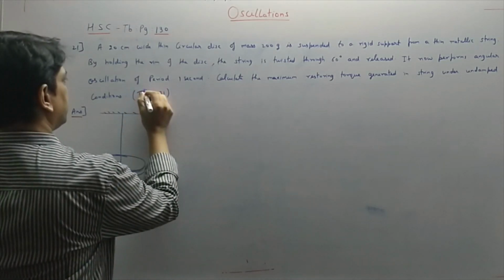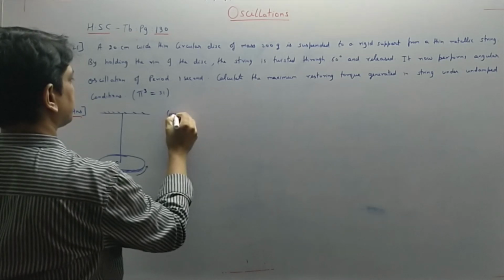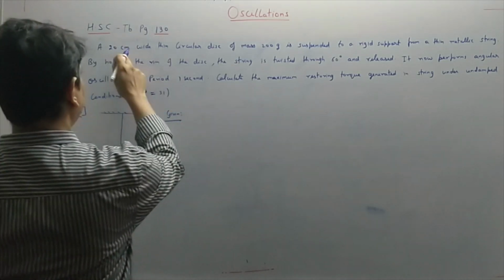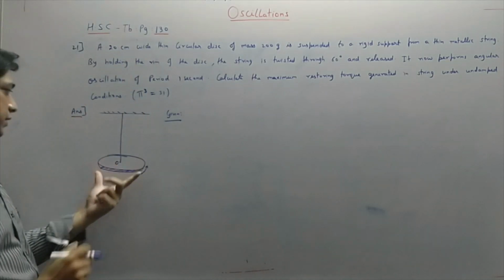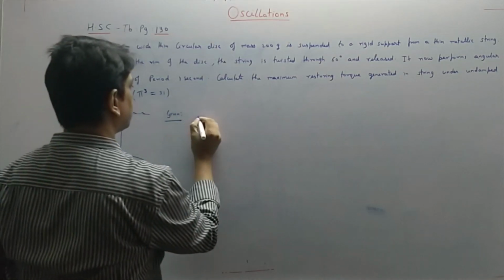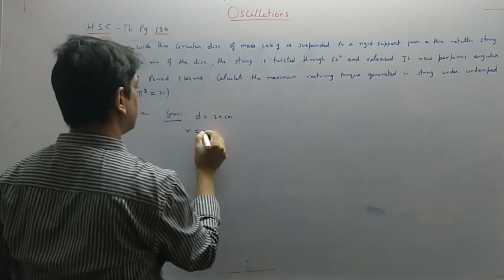Now what is given to you is a 20 centimeter wide thin circular disc, so the diameter is 20 centimeter. So how much is the radius then? Radius is 10 centimeter.